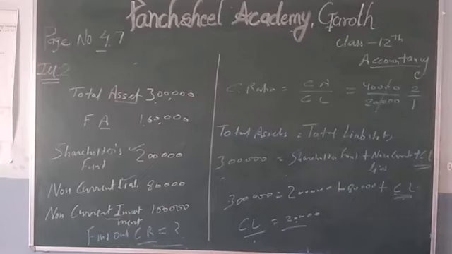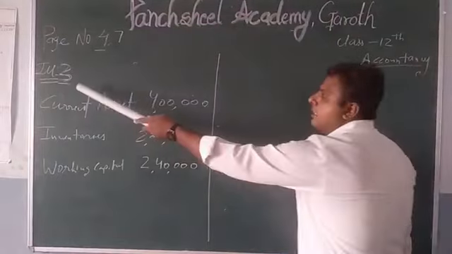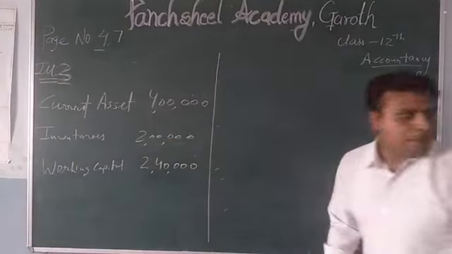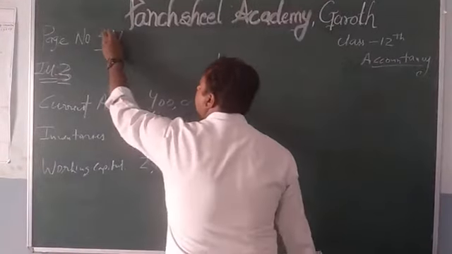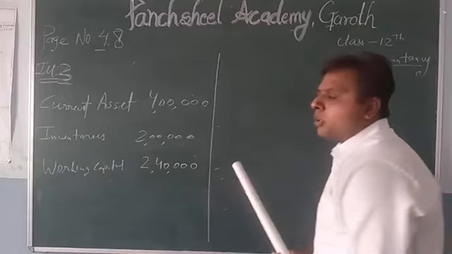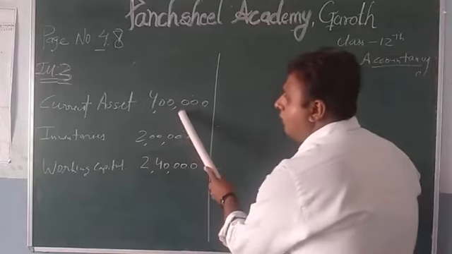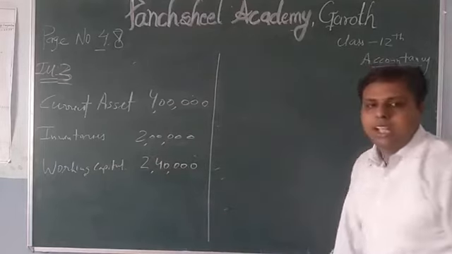Moving to the third illustration. Students, this is illustration number 3, page number 4.8. Here the question is given to us: current asset 4 lakh, inventories 2 lakh, working capital 2 lakh 40,000.